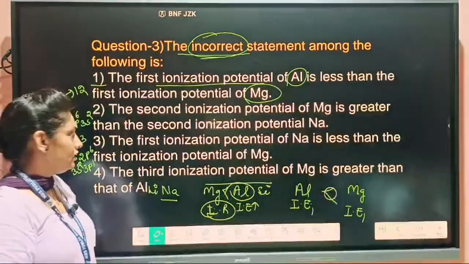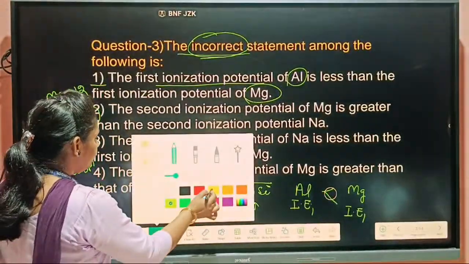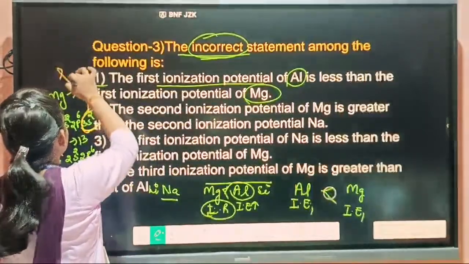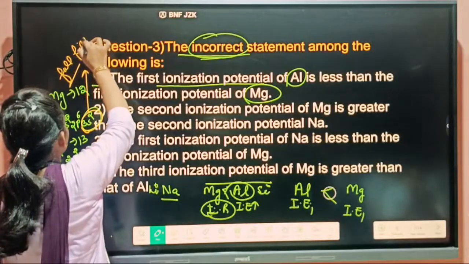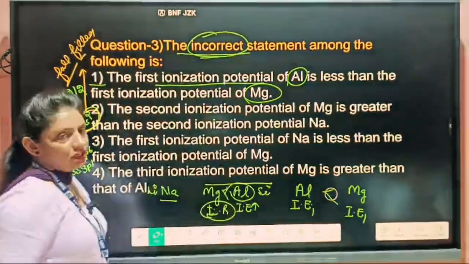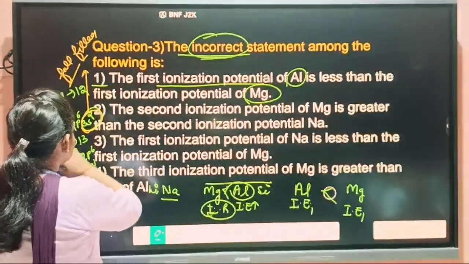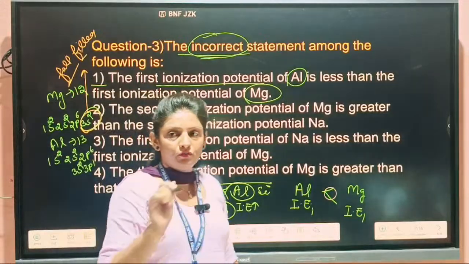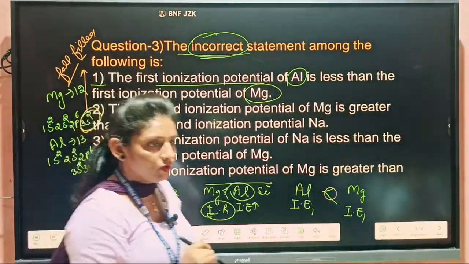So you can see here, in case of magnesium, the s orbital is the fulfilled orbital. Due to its configuration, it is more stable. So ionization enthalpy for magnesium will be high. It will be more. Is it clear to you or not?